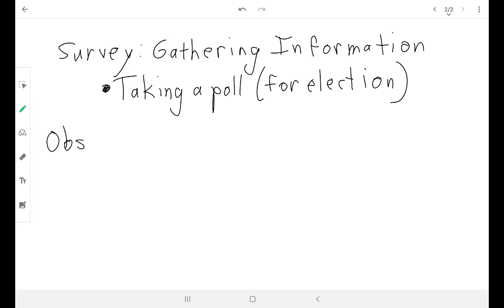An observational study, on the other hand, is a little more intrusive, I guess you might say. A good way to put it would be that it is observing.